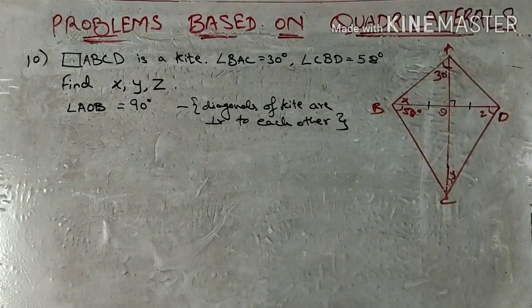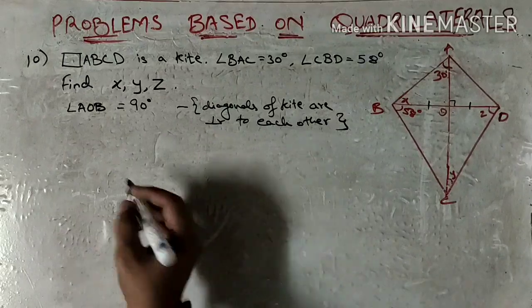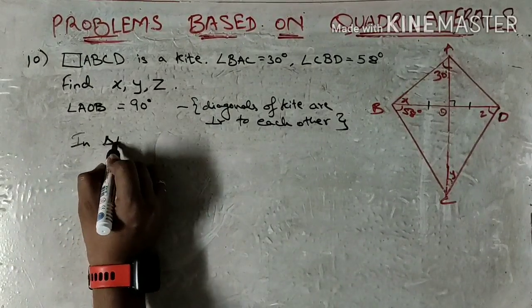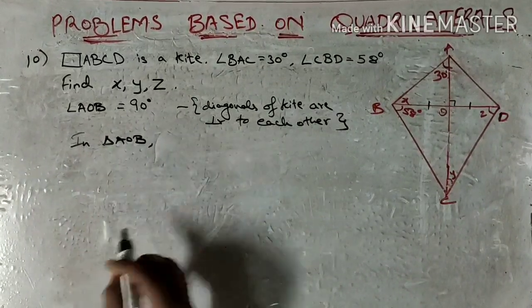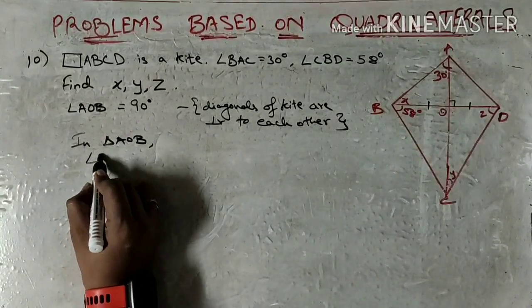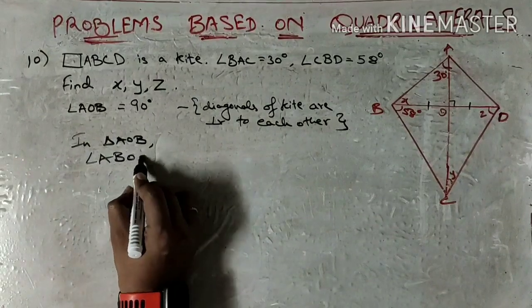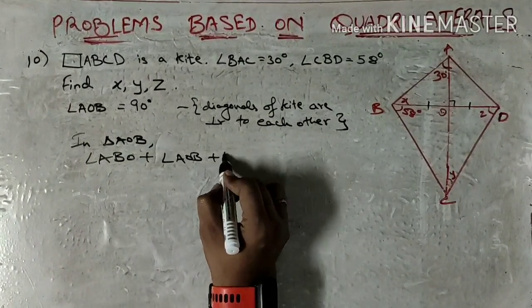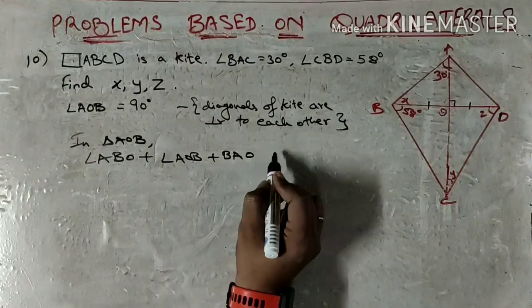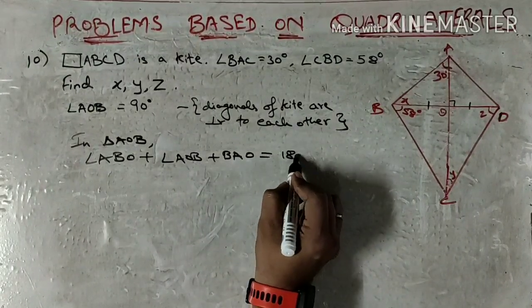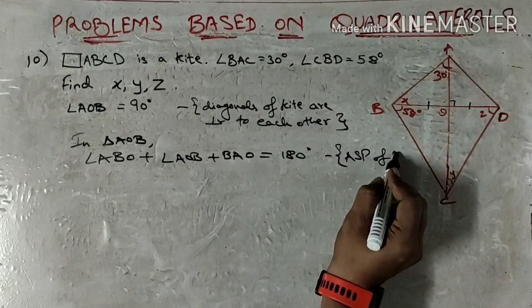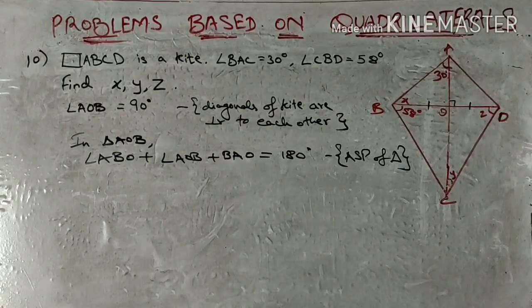So the angle sum property, our most commonly used property. In triangle AOB, angle ABO plus angle AOB plus angle BAO is equal to 180 degrees. Reason: angle sum property of a triangle.